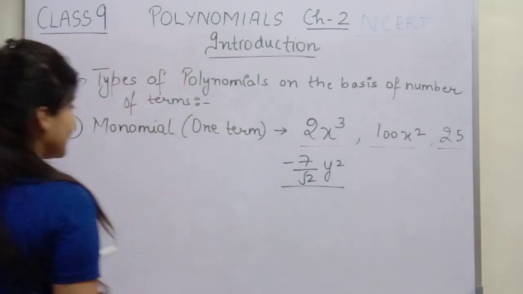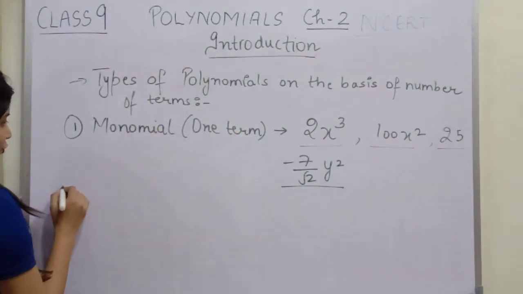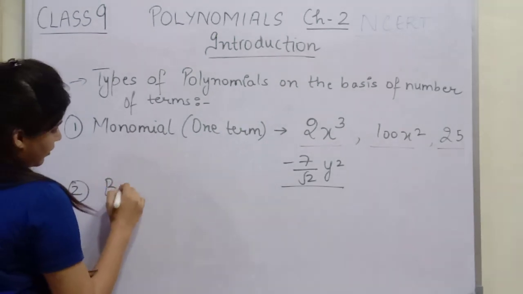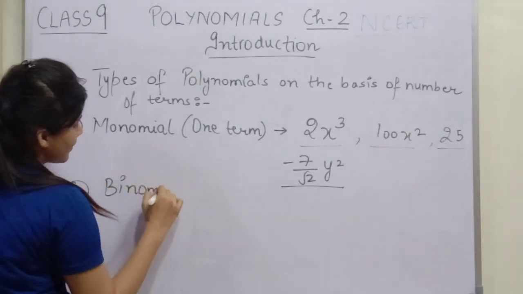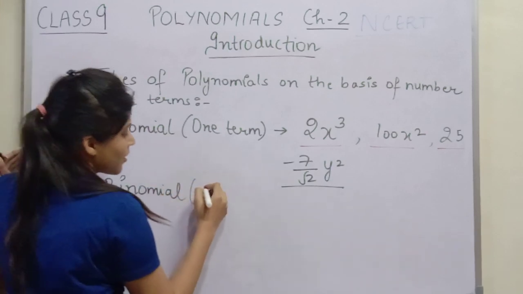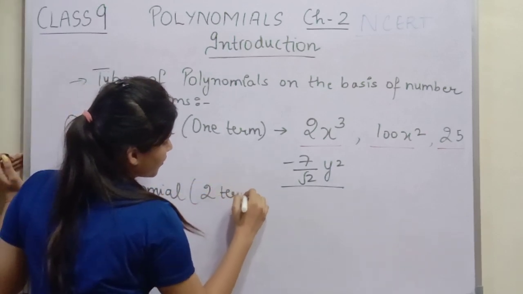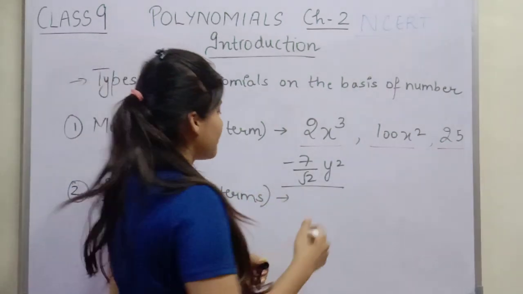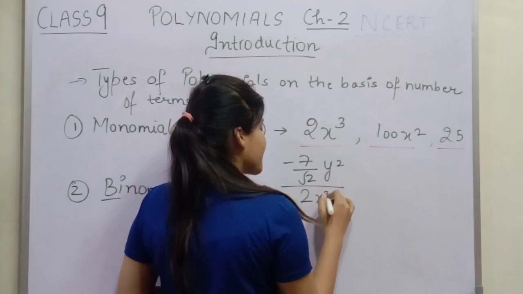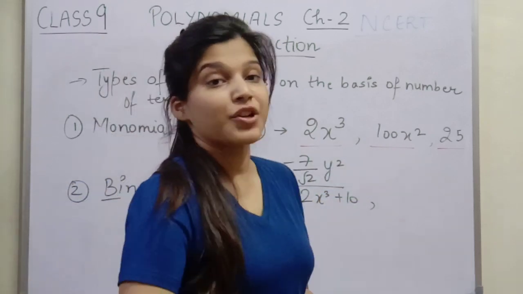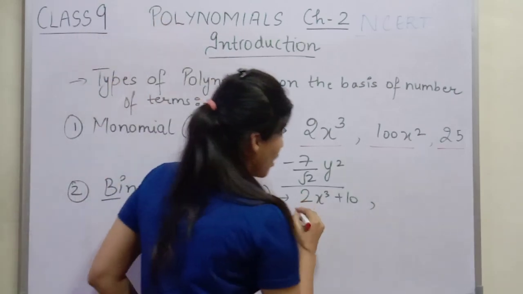Coming to the next type, which is binomial. Monomial means single term, one term. Binomial means two terms. Okay? So now there will be two terms in it, that means if I write 2x cube plus 10, so this is a binomial expression because now we have two terms.